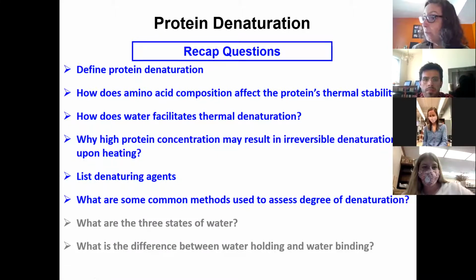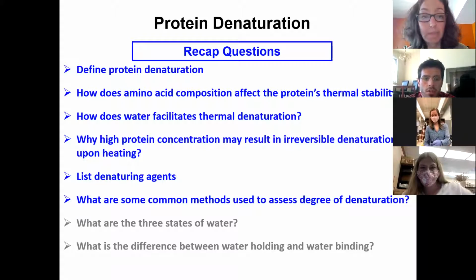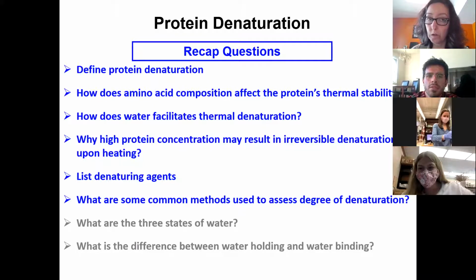Any brave soul? Is it the loss of secondary and tertiary structure? Yes. So protein denaturation is any modification to the protein structure that causes changes in either quaternary structure.